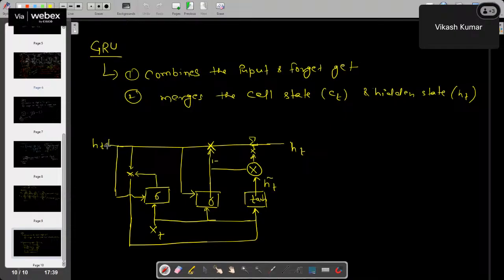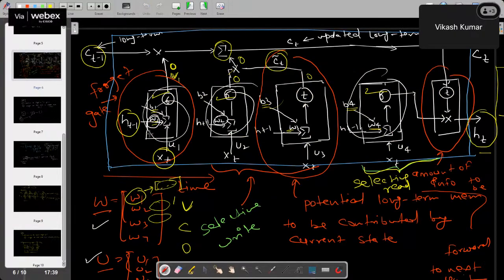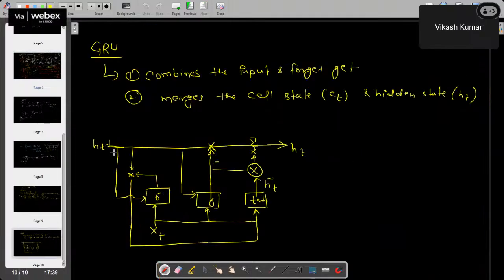Now this particular input itself, the hidden state itself, will act as ct minus 1 as well as the long term memory. So the same thing is now working as the long term memory as well as the input from the previous state. Earlier there were two inputs, the long term memory and the short term memory. So now it is having the same thing but in a merged way. So we have concatenated, we have added the cell state and hidden state information.